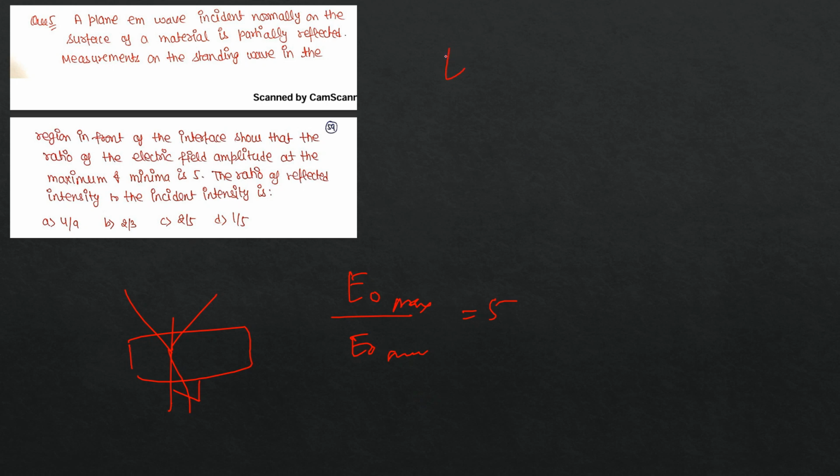See, E max by E min is equal to (EOI plus EOR) by (EOI minus EOR). So E max by E min is equal to 5.